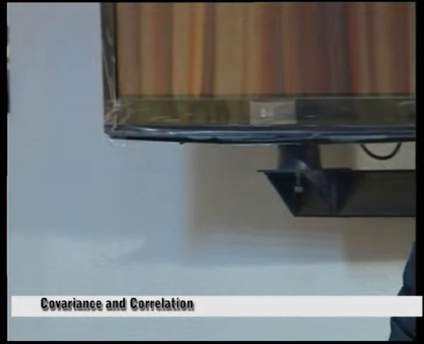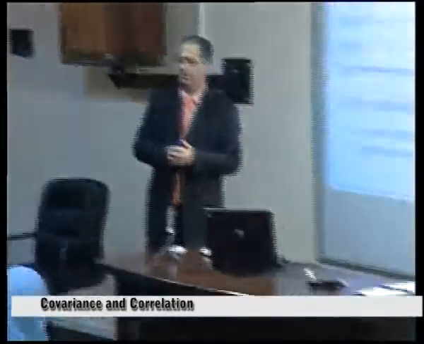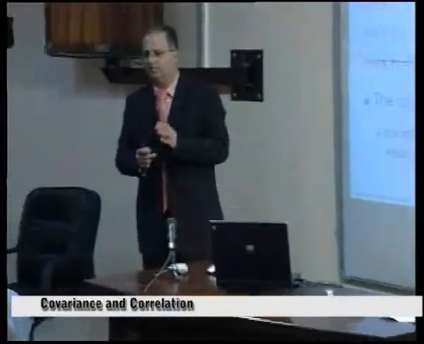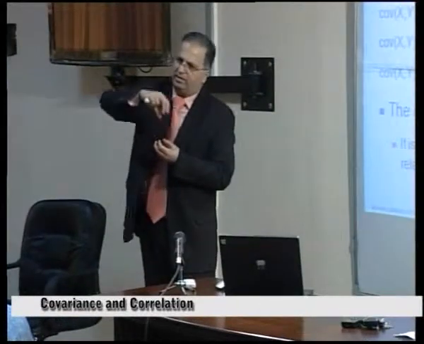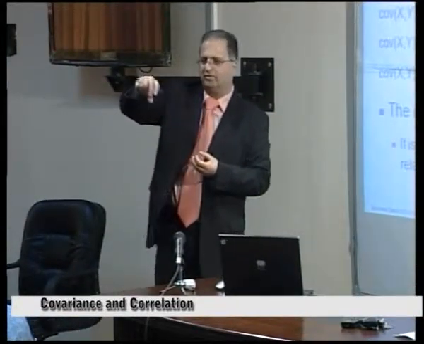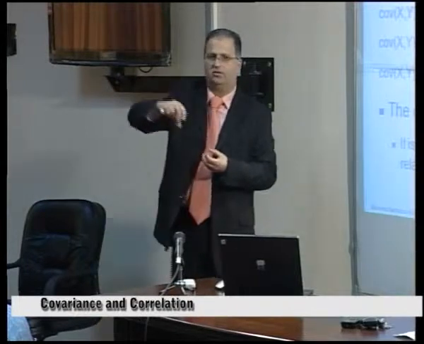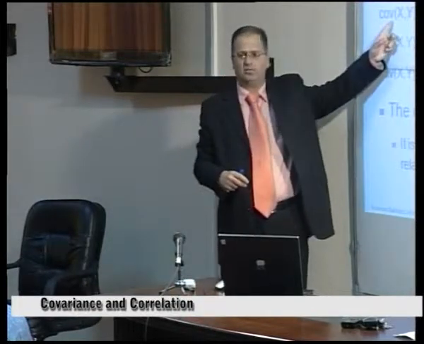For example, suppose we are interested in the relationship between consumption and income. We know that if income goes up, if your salary goes up, consumption also will go up. So they move in the same direction, and for sure the covariance between x and y should be positive.